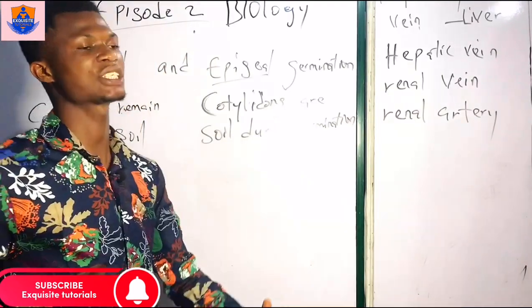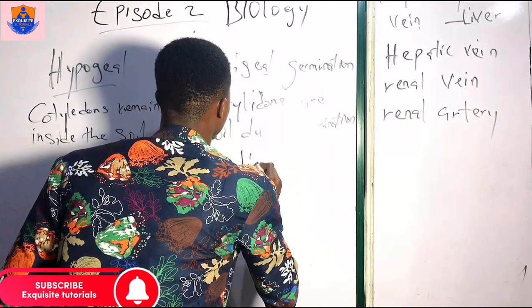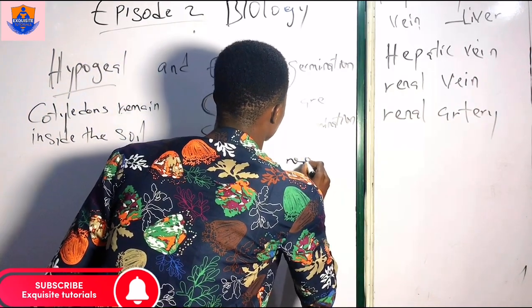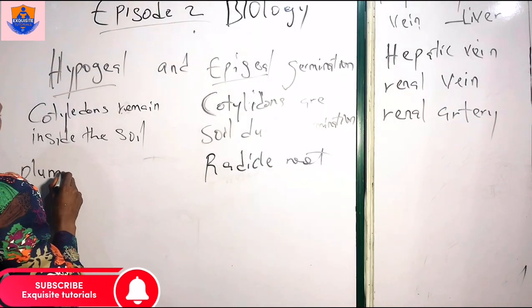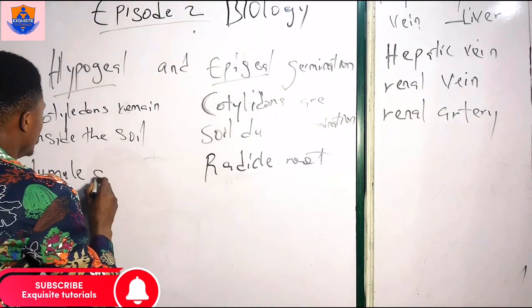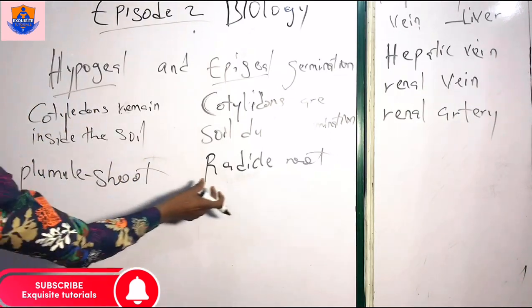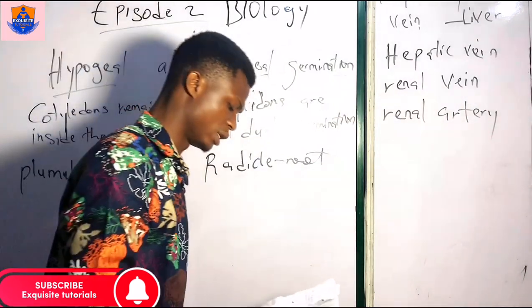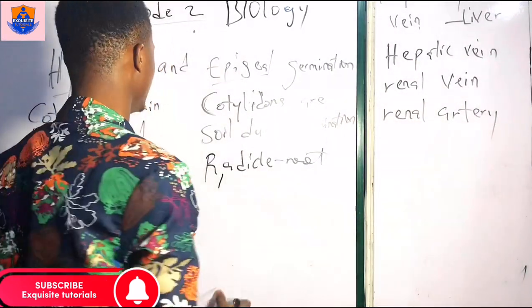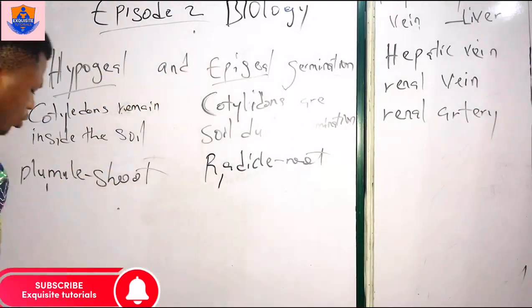Radicle, root; plumule, shoot. Radicle is an attachment of the root. Plumule is an attachment of the shoot. Just like I made us understand that the radicle is an elongation of the root, the plumule is an elongation of the shoot.